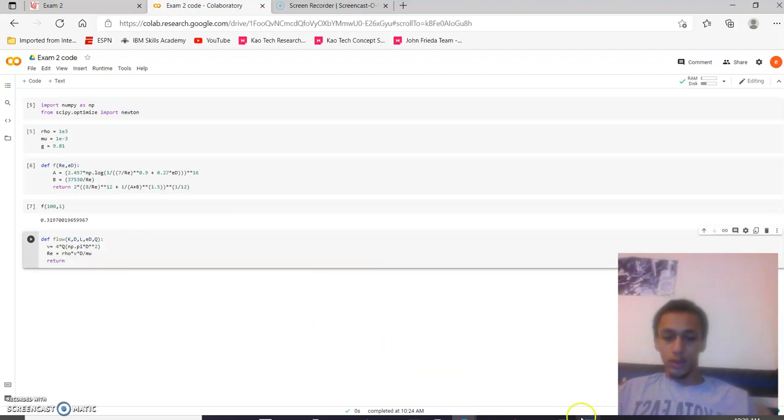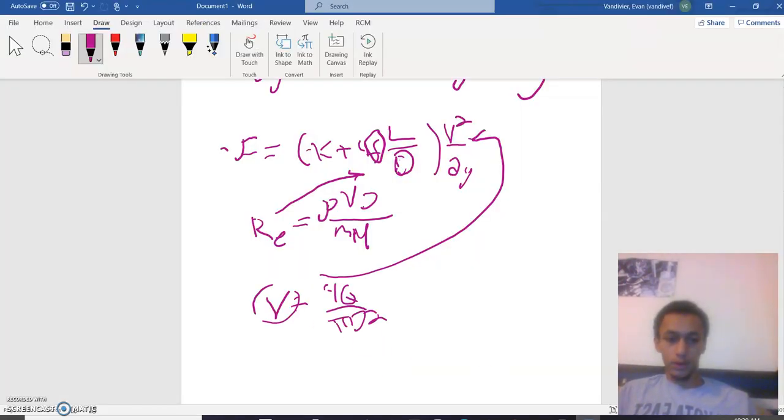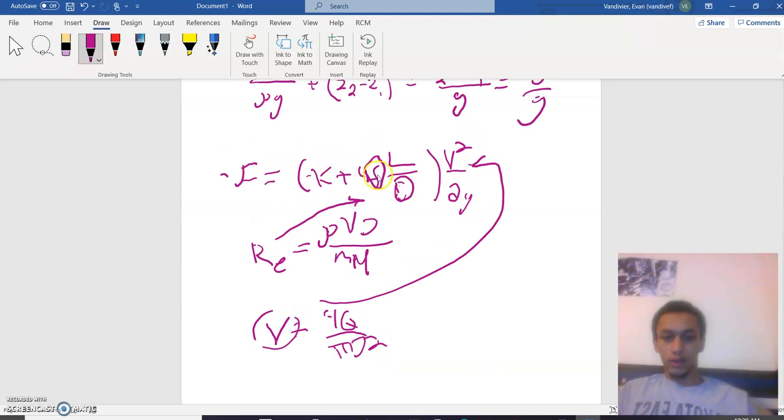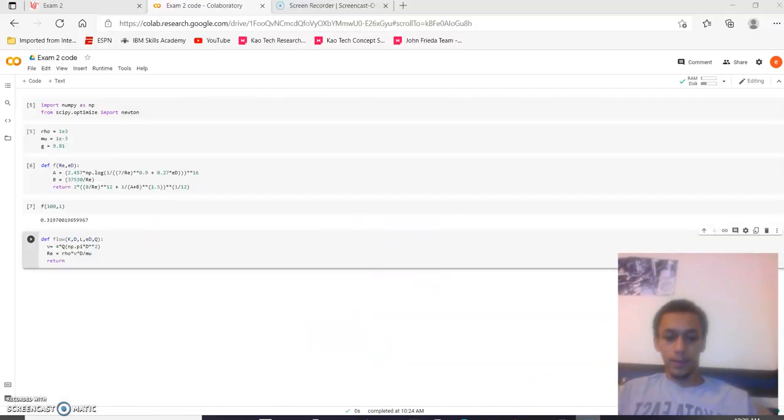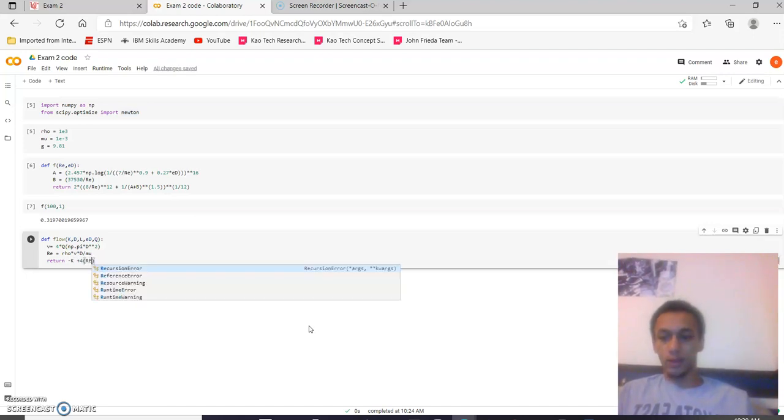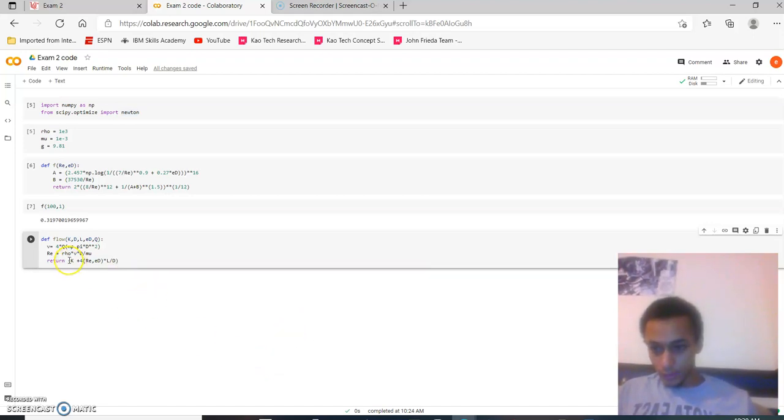So we're going to want to return, let's see, this K, so K for f L D. So we're going to do negative K plus 4, but it's not going to be f since that's what we're solving for. So Re times L divided by D. Put this all in parentheses.